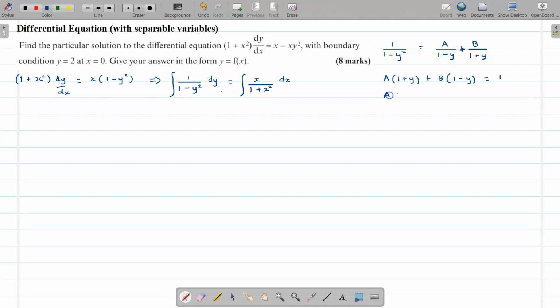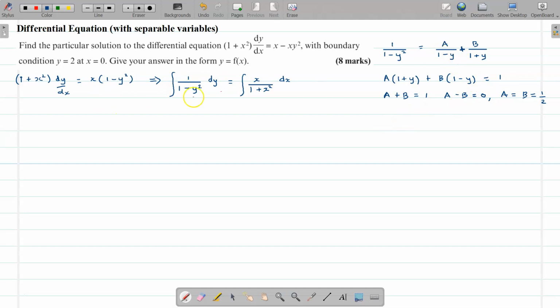What I'm really doing here is equating coefficients. a plus b are both numbers that add up to 1, and ay plus b times minus y, in other words a minus b times y, is 0. In other words, a minus b is 0. It's very easy to see from that that a and b are both therefore equal to 1/2.